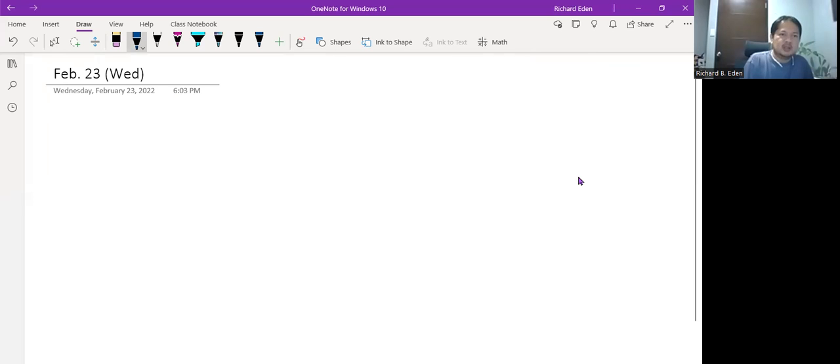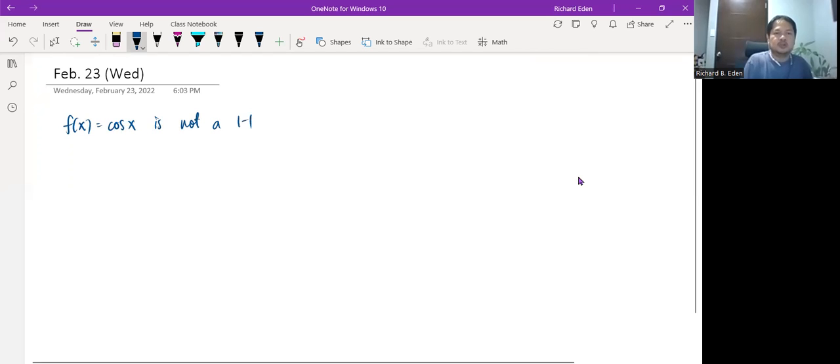So f of x equal to cosine of x is not a one-to-one function. So it has no inverse. This is true. All right. The cosine function itself has no inverse.